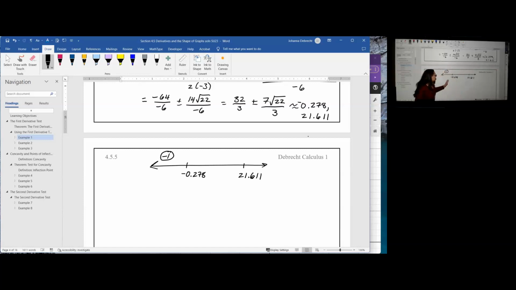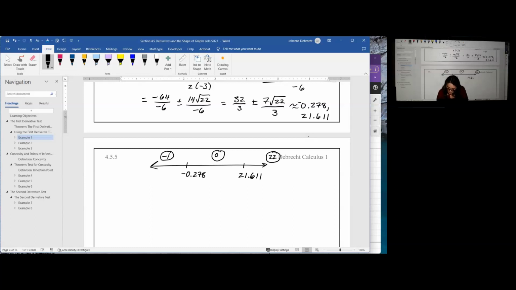When I look for a value between these, because one is negative and one is positive, the easiest value to use is probably 0. To the right, I'll probably use the test point 22.